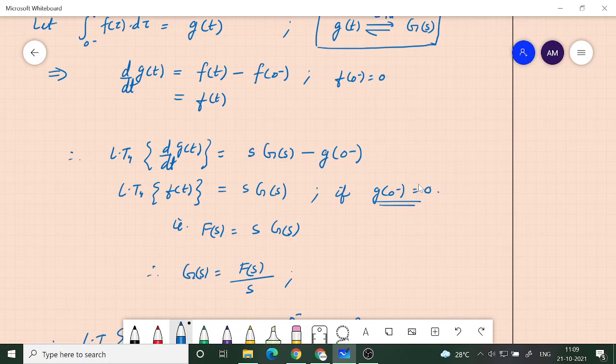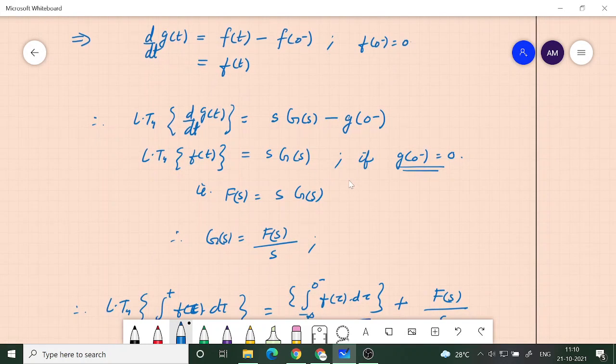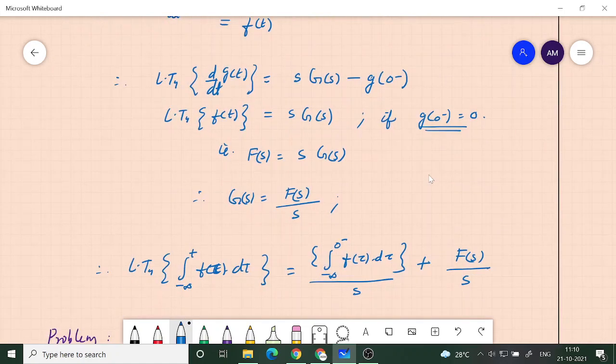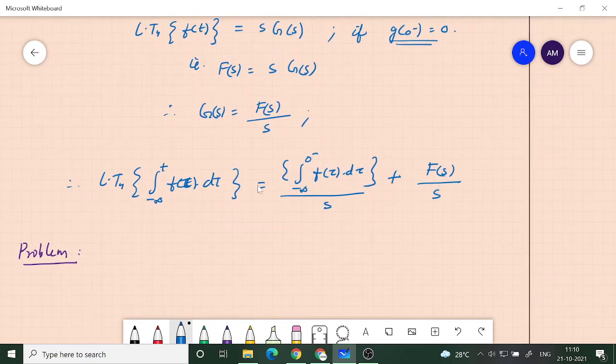So s G of s is the Laplace transform of f of t, since the derivative of g of t is f of t. Therefore F of s is s G of s, and G of s is F of s by s. That is the second part, and I added the first part with the second part, right?